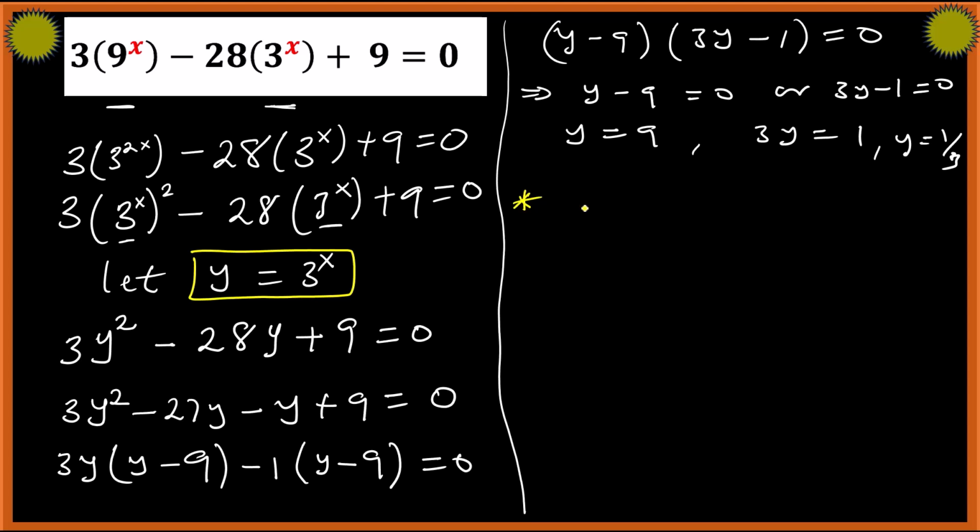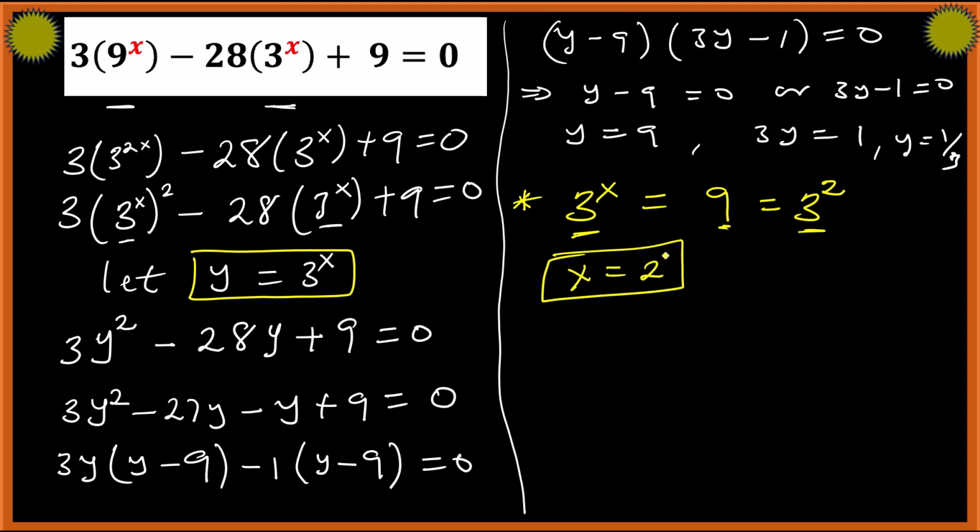So let's do the substitution. 3 raised to x equals 9. So this one is a typical exponential equation. All right, so let's change this one to 3 to the power 2. The idea is to get equal bases. So we have 3 here, 3 there. So my x is 2. So the first answer for x is 2.